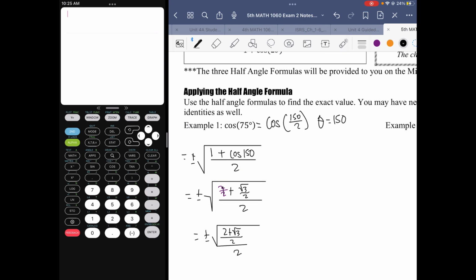We can flip it here, which ends up with plus or minus the square root of 2 plus square root of 3 over 4.